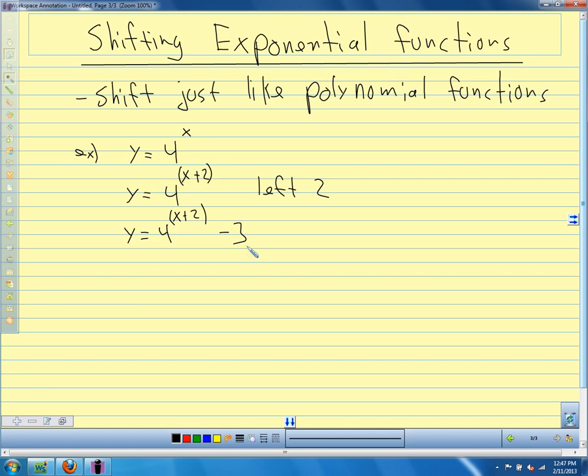How would that one shift? Left 2, down 3. So it's shifting just like a parabola. What if we had y equals minus 4 to the x? What would that do? Flip over the x-axis.